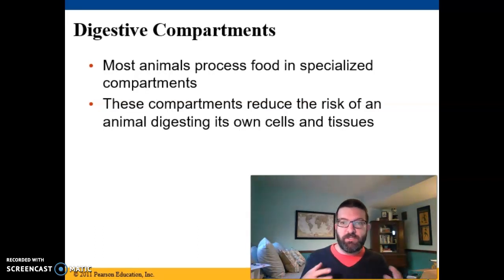And because digestion usually involves enzymes, right, to chemically break down food, and sometimes involves things like acids too, to unfold proteins or to kill bacteria on the way in, most animals have specialized compartments where you have this stuff occur so that you don't risk digesting your own cells and tissues.